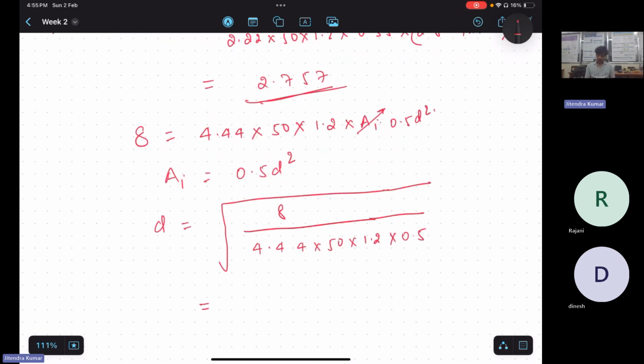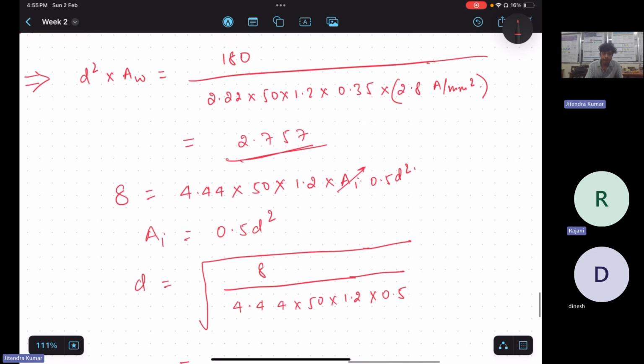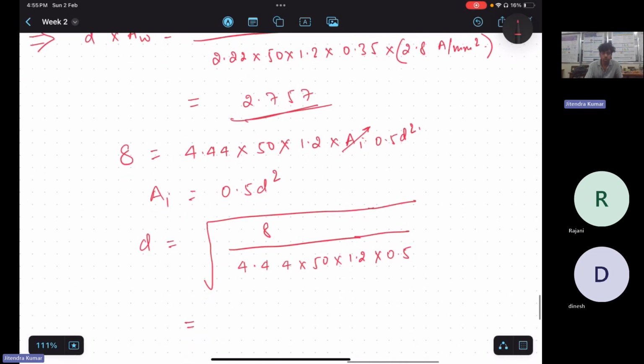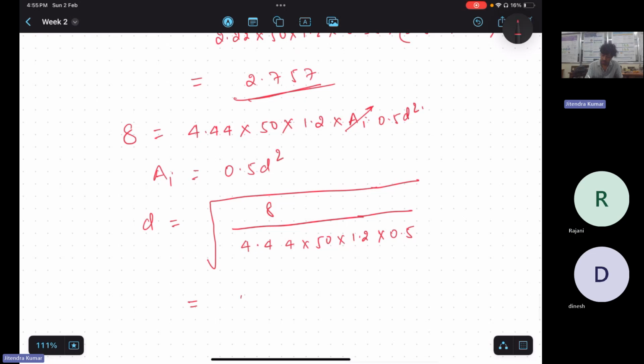How much will it be? The value of d is 0.245.